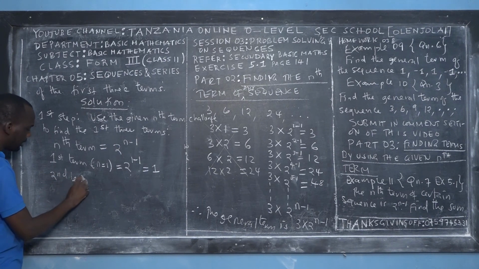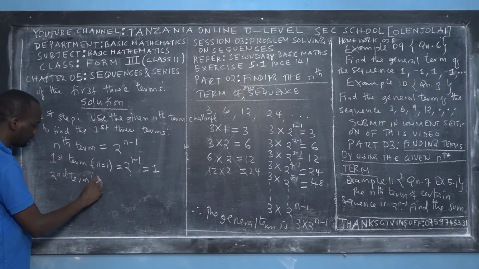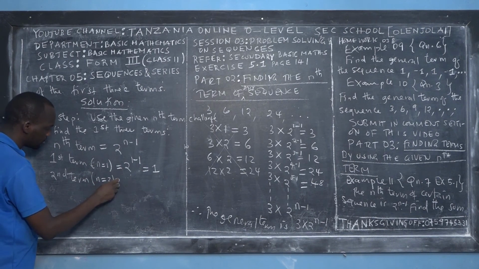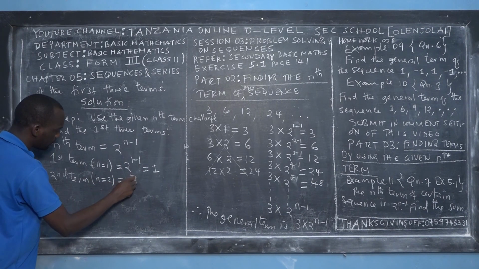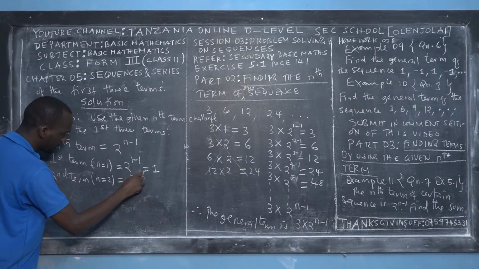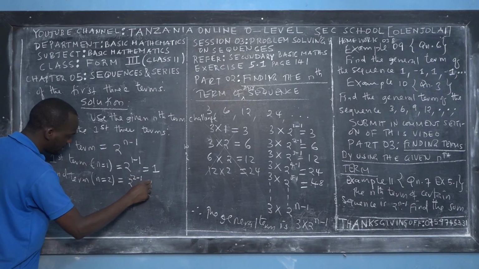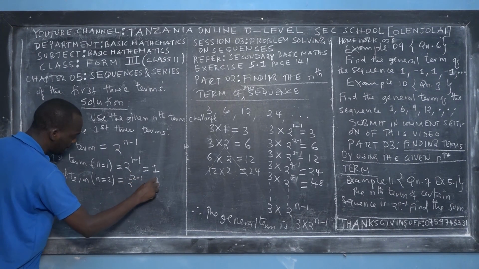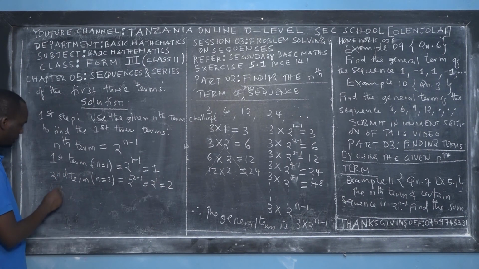Second term: n is equal to 2. So this will be 2^2 minus 1. So 2 minus 1 is equal to 1, so it will be 2^1, which is equal to 2.